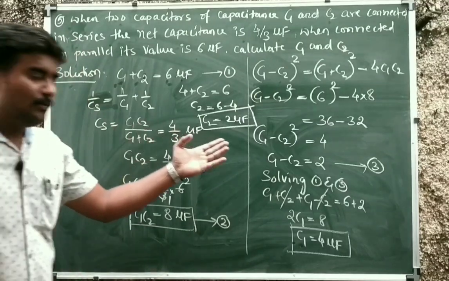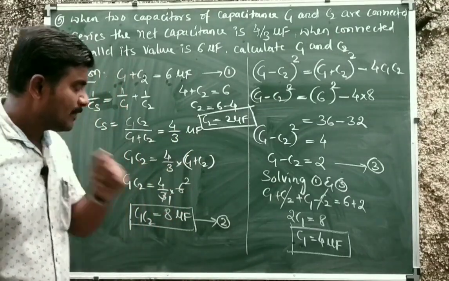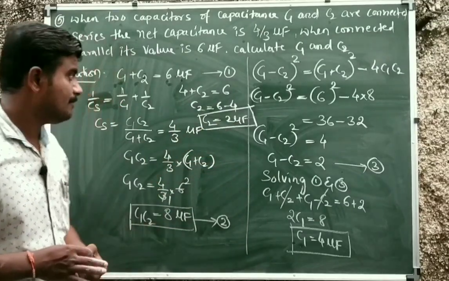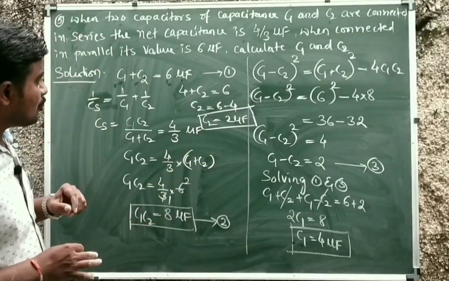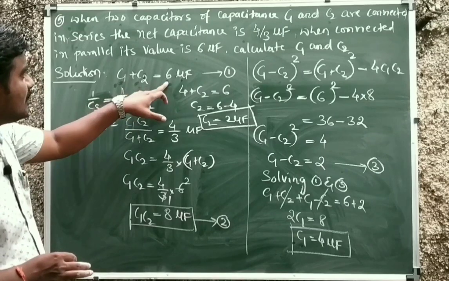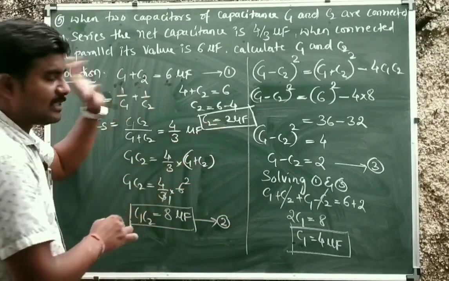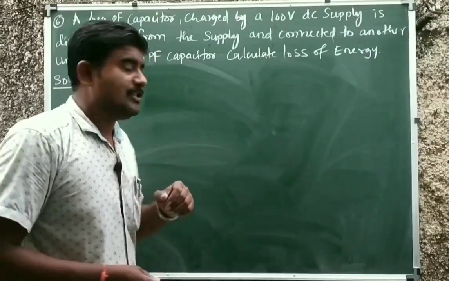So this way we can easily solve such numericals, where the C1 value is 4 microfarad and the C2 value is 2 microfarad. And as you can cross-check here, C1 + C2 is equal to 6: 4 plus 2 is 6. Okay, so this is our next numerical.